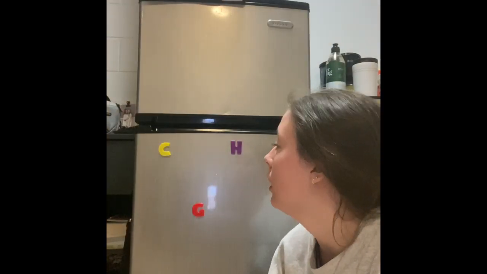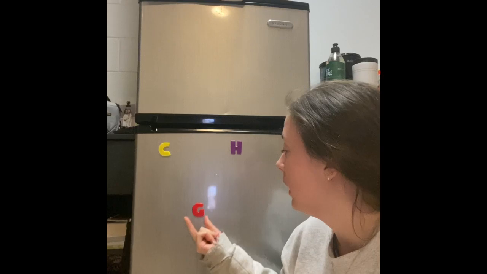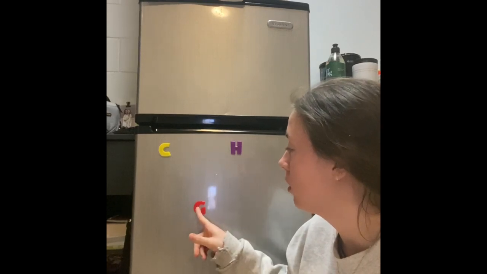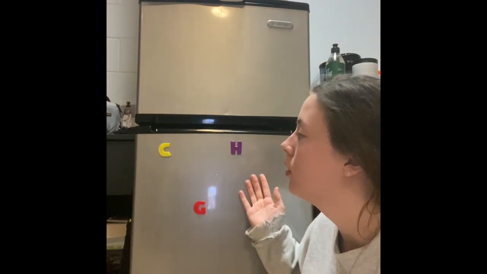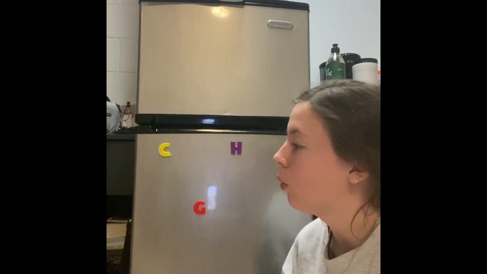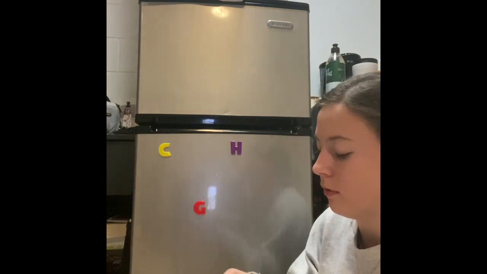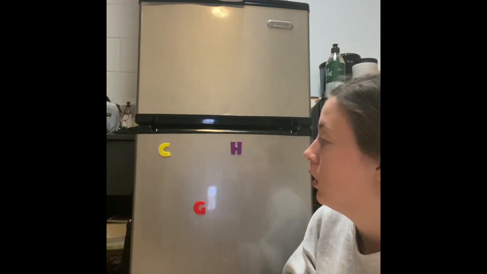To start this activity, you're going to pick 3 letters that you're going to be working on with your students for letter sound relationships, and have your students place their letters on a piece of metal, I have a fridge right now, or on their desks, and then provide a variety of picture cards that have pictures that correspond to the letters you're working on.